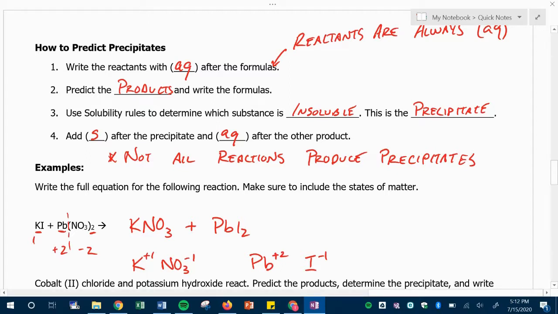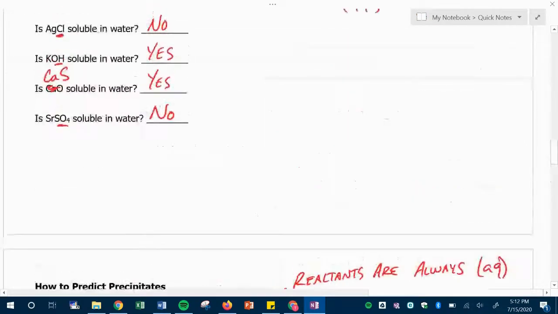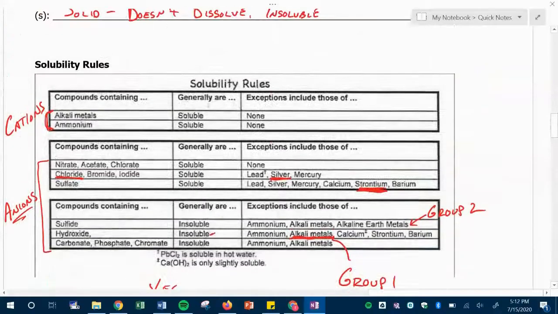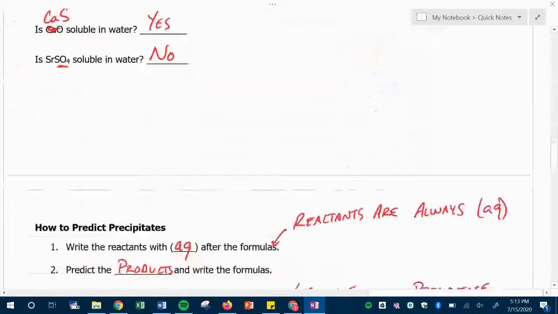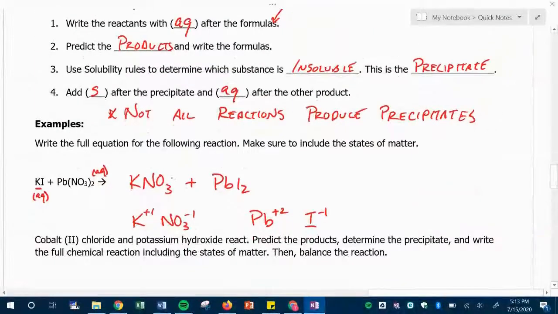Remember, step 1, we could write AQ after both of these. Here I'm going to erase all this other stuff because we don't actually need it. Let's check KNO3, potassium nitrate. Let's find where it says nitrates in our list. Compounds containing nitrates generally are soluble with no exceptions, which means KNO3 is soluble, so it gets the AQ.